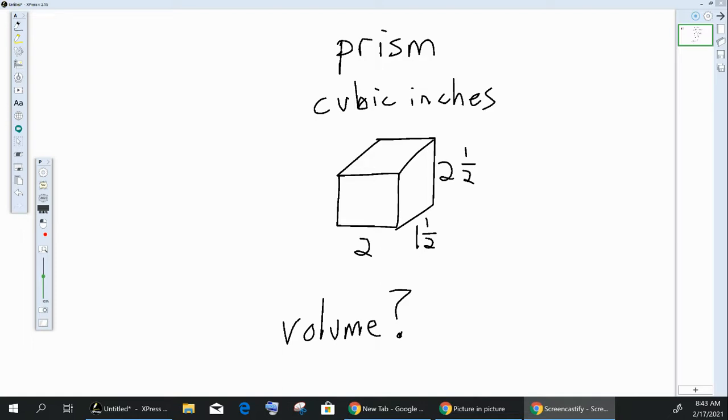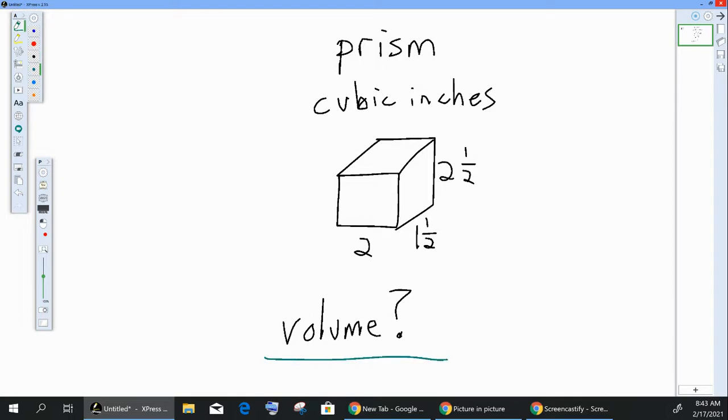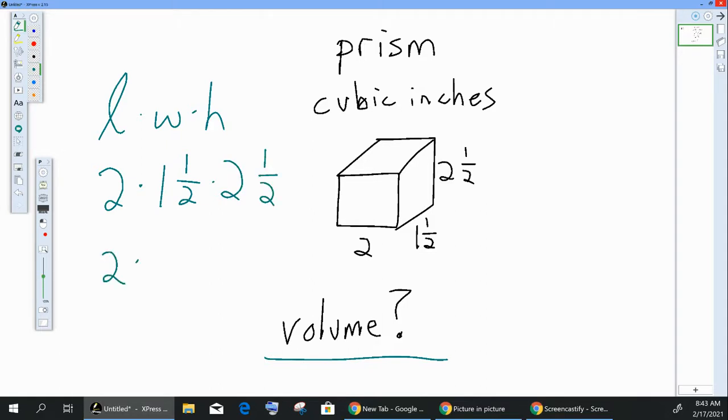So to figure out the volume, you would just do length times width times height. So you would do 2 times 1.5 times 2.5. Well, the best way to do that is to convert the mixed numbers into fractions.